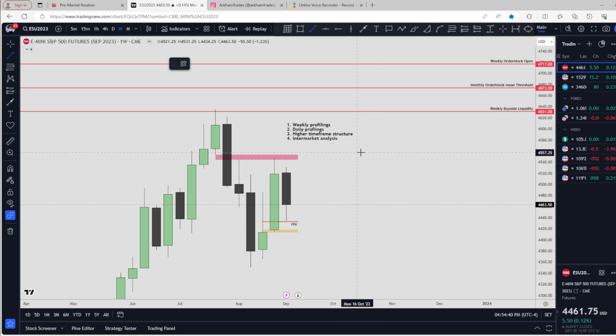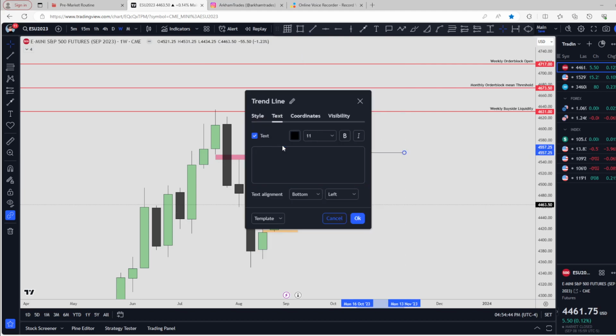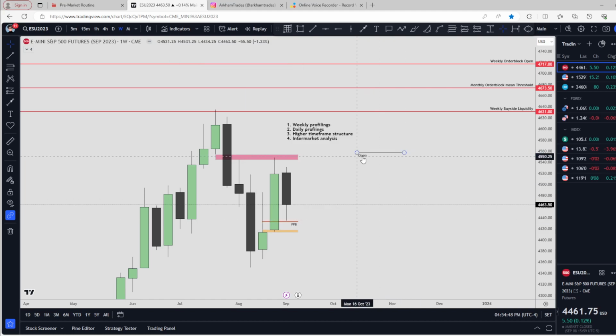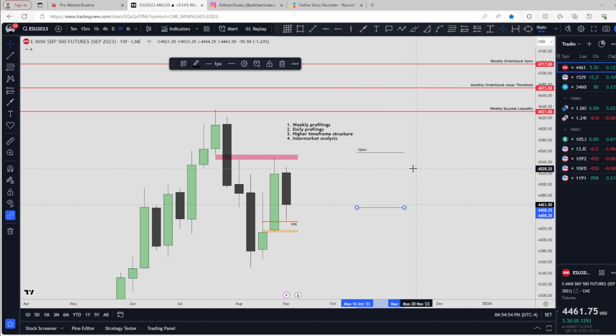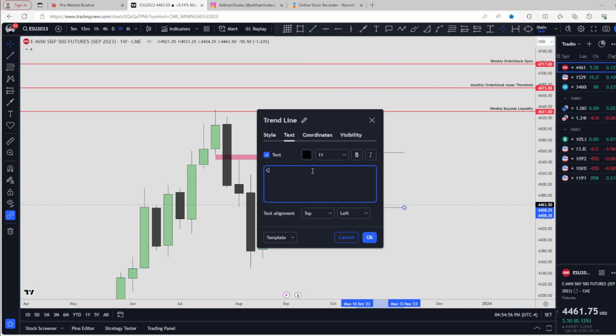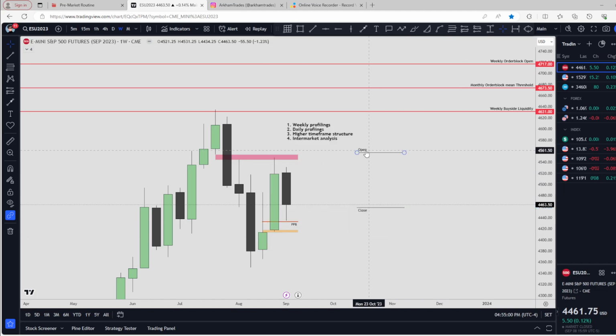So let's say this is the open, and this is the close. This is how a weekly candlestick is formed.